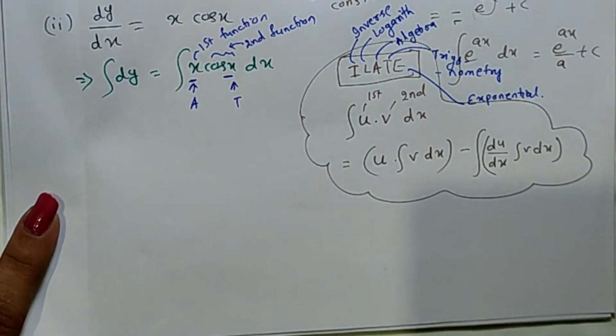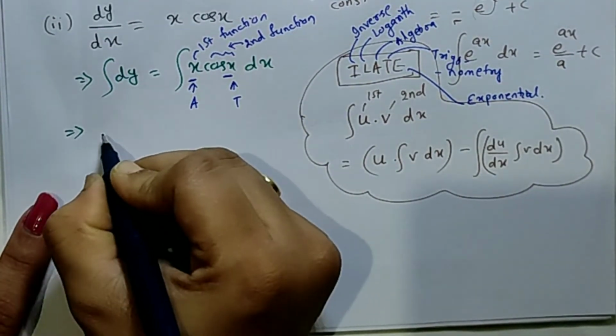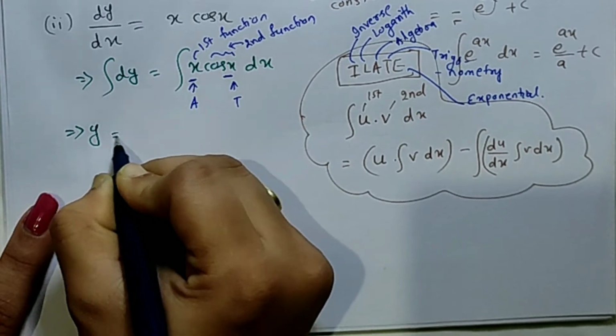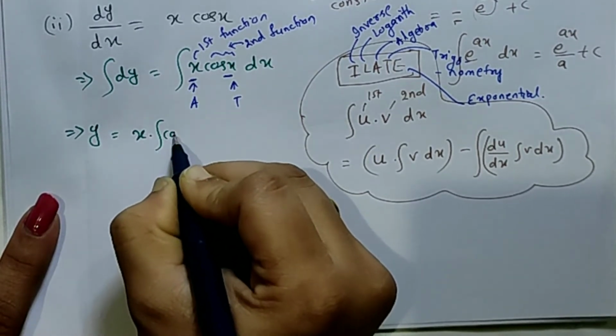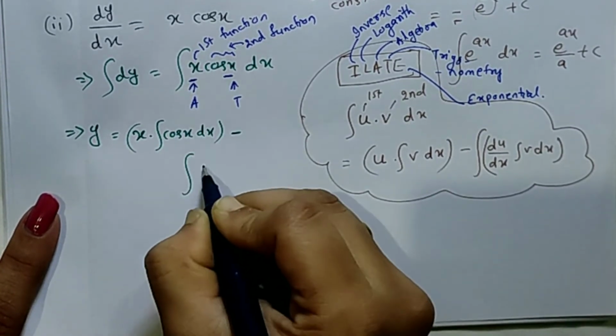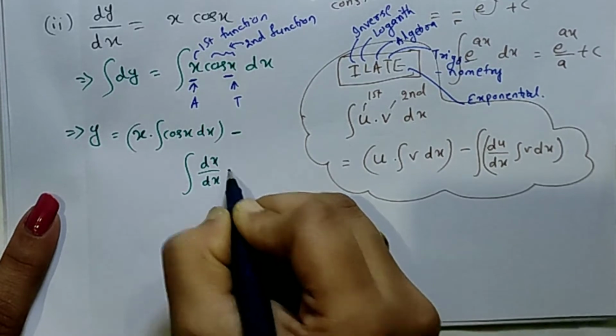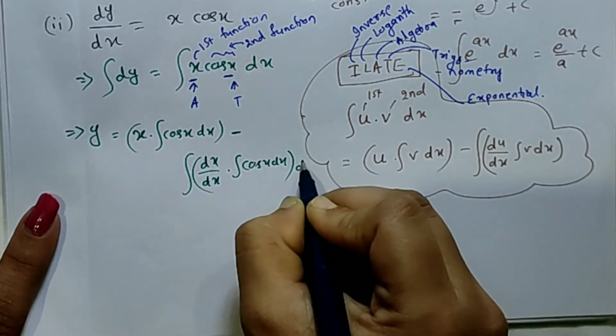Okay, so now solve. Implies that integration of dy will be y is equal to first function integration of second function minus derivative of first function into integration of second function, whole integration.